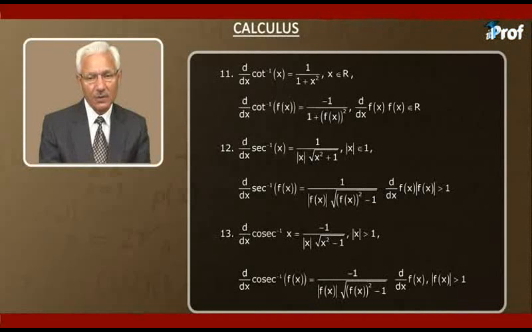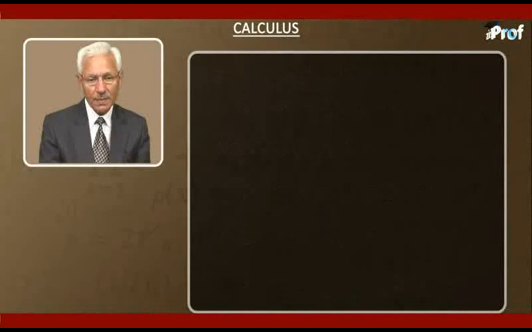This means d by dx of cosec inverse of f(x) is equal to minus 1 upon mod of f(x) into square root of f(x) square minus 1 in the denominator multiplied by d by dx of f(x) whenever mod f(x) is greater than 1.